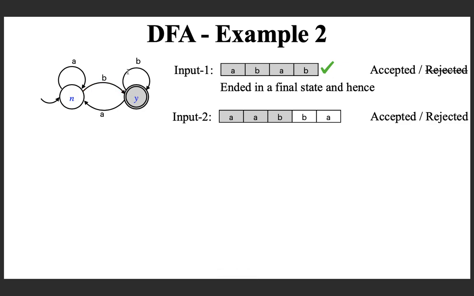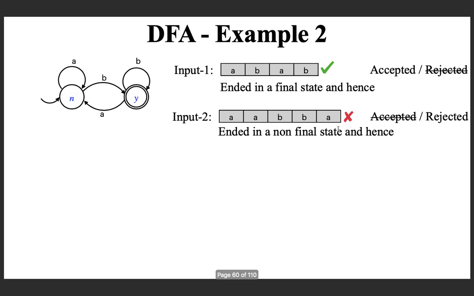Next is B, that is this self loop. You take it and stay back at Y itself, and finally the last A will take you back to N. This time, because you finished processing in a non-final state, you are rejecting the input, not accepted.